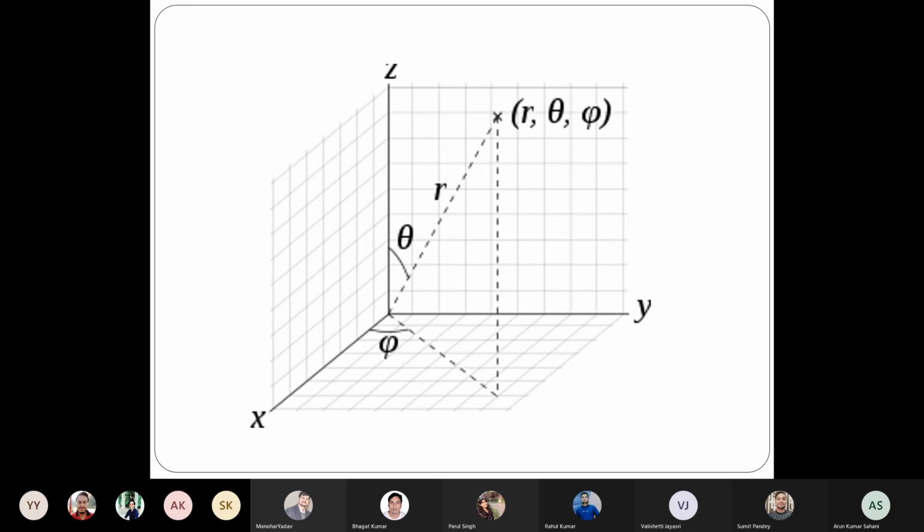Like in this diagram, if you move from x to y axis, then your thumb direction will be along the z axis if you use your right hand and apply the right hand thumb rule, which you have already read in magnetism, in physics. So if you orient your fingers from x axis to y axis, then obviously your thumb will point towards the z axis. So then we can say that it is a right-handed coordinate system.